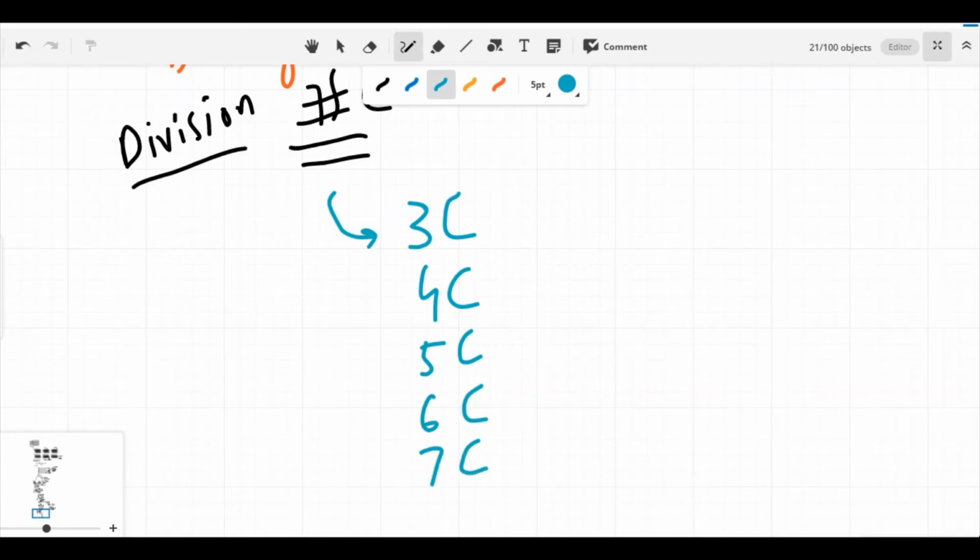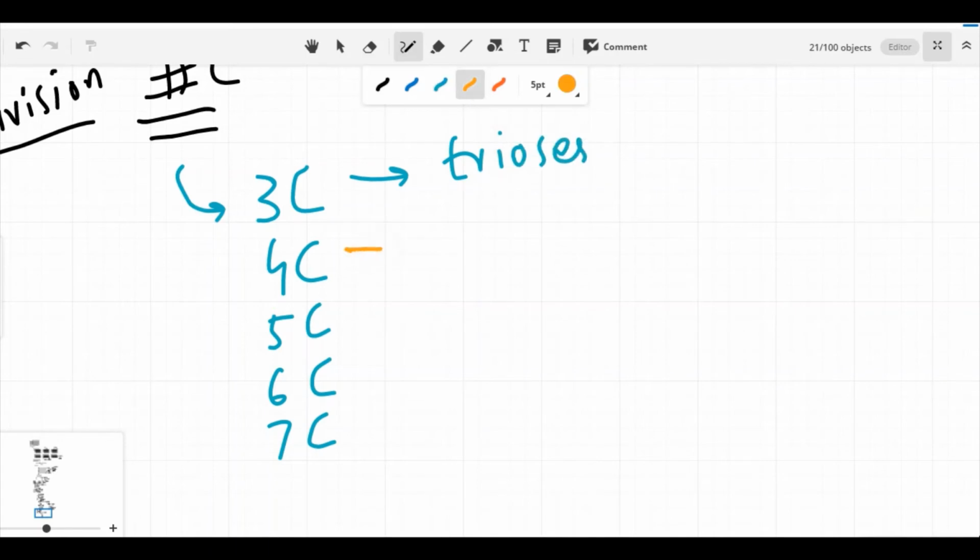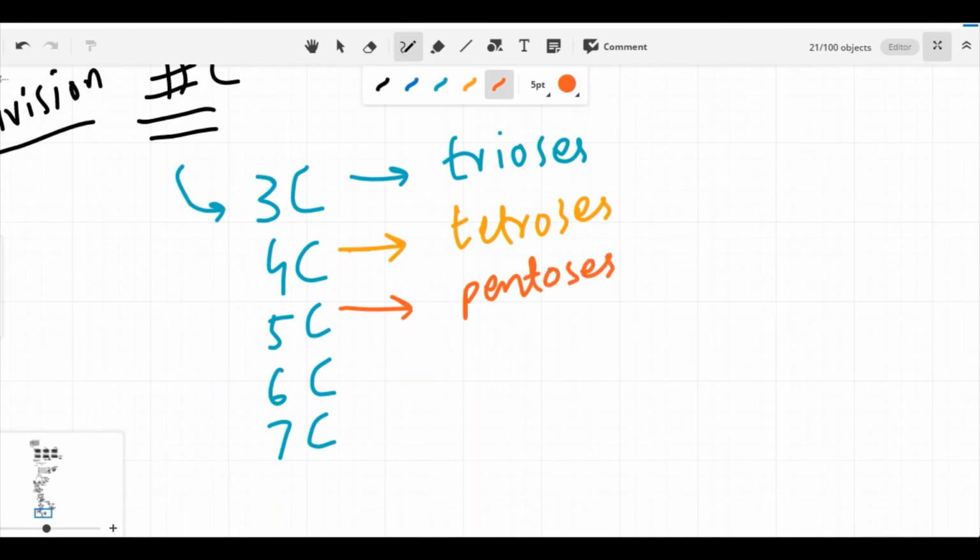The word should end in ose: 3 means tri, so it will be triose; 4 means tetrose, 5 means pentose, 6 means hexose, and 7 means heptose.